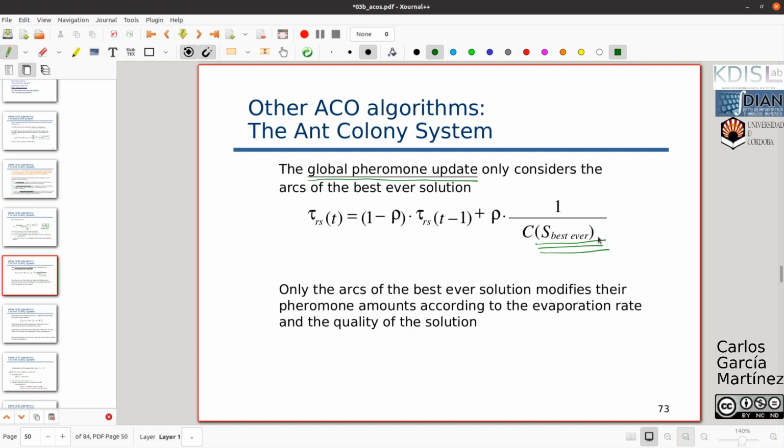So only the arcs that belong to the best ever solution have their pheromone amounts modified. The other arcs have their pheromone amounts intact according to this global pheromone update.